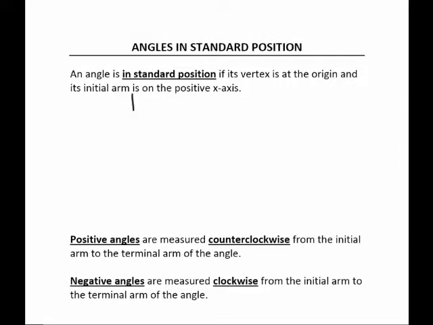So I have a grid, my XY plane here, and a standard position angle is measured in a certain way. We always start our angle from the positive part of the x-axis, which is here. I call that my initial arm, the initial part of the angle.